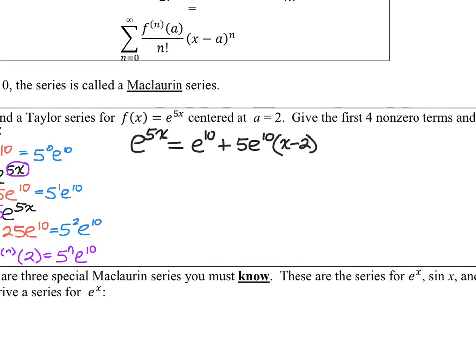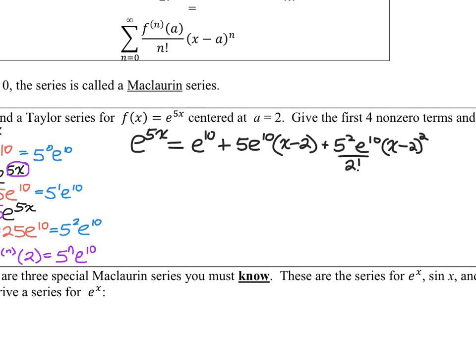We need 4. So the next one, 5 squared, 25 if you want, e to the 10th, x minus 2 squared. But that coefficient is now over a 2 factorial.